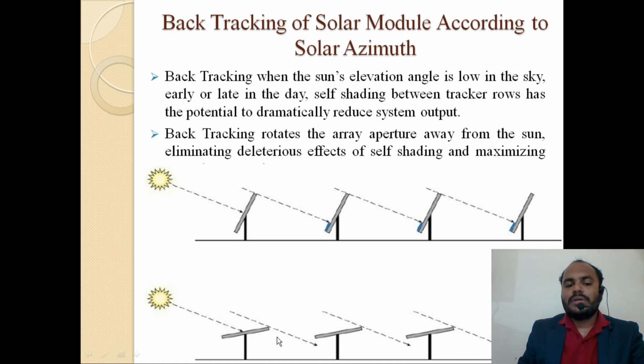So the shadow of the first panel is not falling on the second, the shadow of the second panel is not falling on the third, and the shadow of the third panel is not falling on the fourth panel. Due to this, the system runs efficiently and more electricity is generated with this backtracking method.